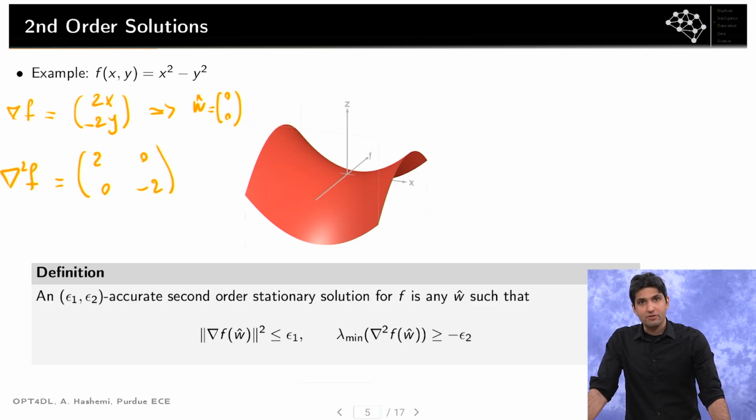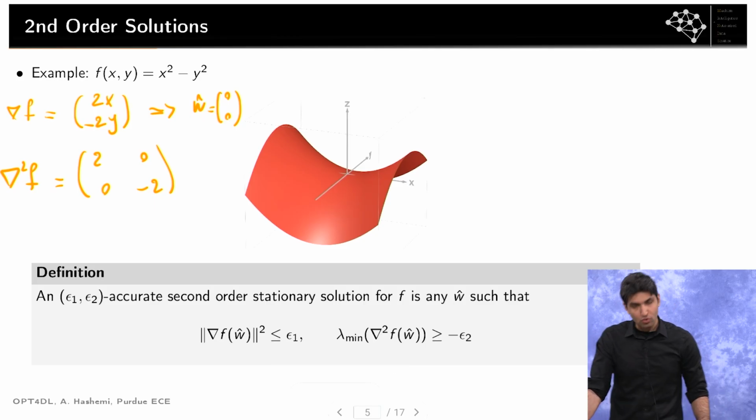In multiple dimensions, we have to look at the eigenvalues of the Hessian. Okay, so if all eigenvalues are positive, then that point will be a local minimum. If all eigenvalues are negative, that point will be a local maximum. And if it's in between, then that point is a saddle point.